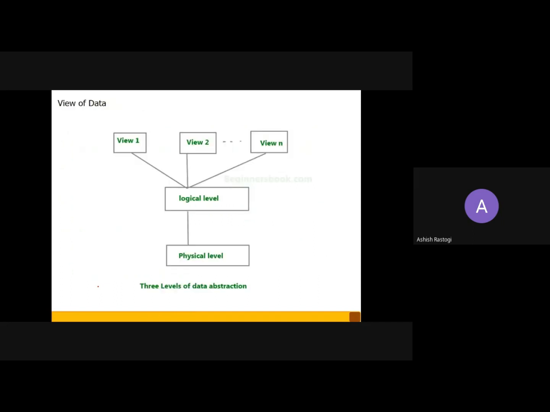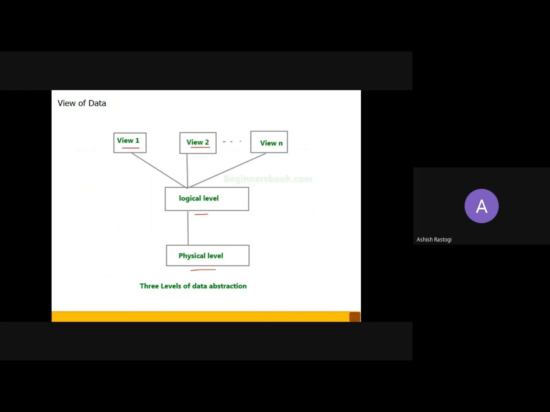You can also see this diagram. This is the physical level at the bottom, and the middle level is where you imagine your data and how much data you have. Physical level means how data is stored in the memory or database. Logical level means what data is stored. And third is the view level.